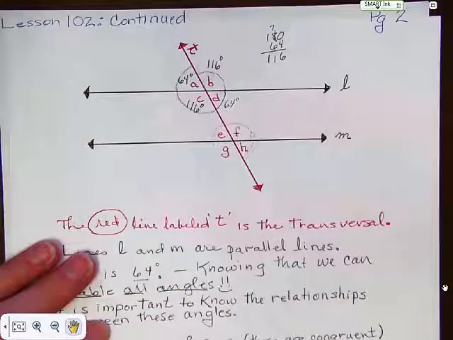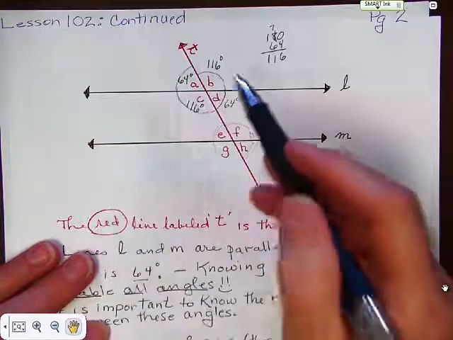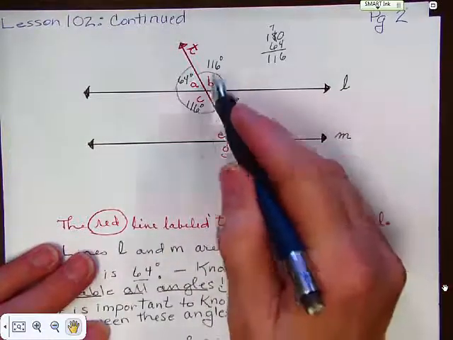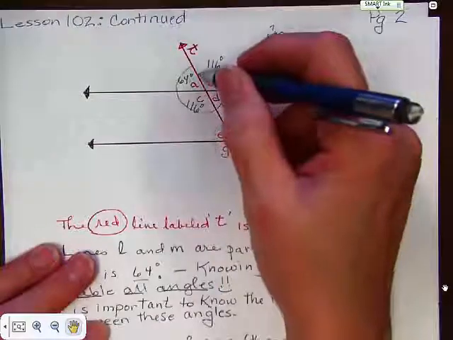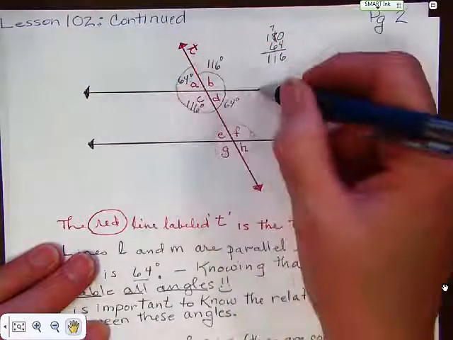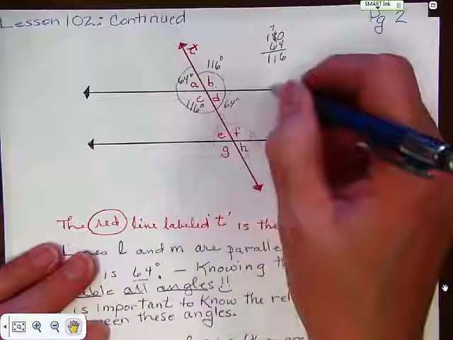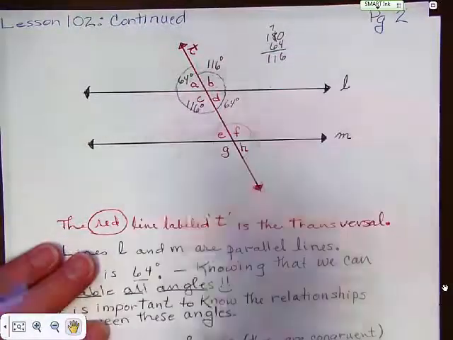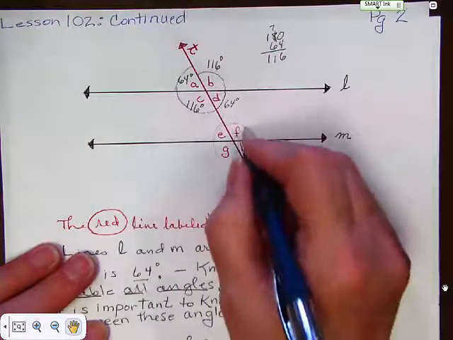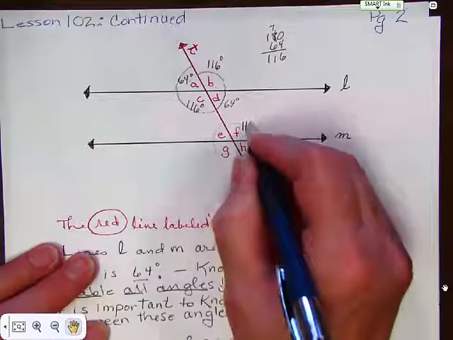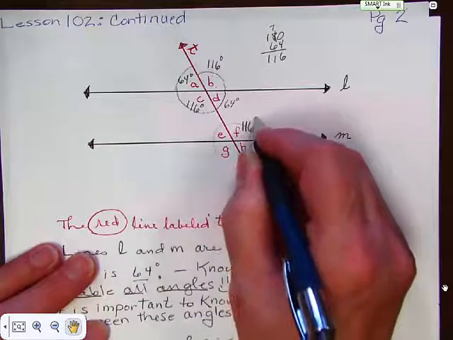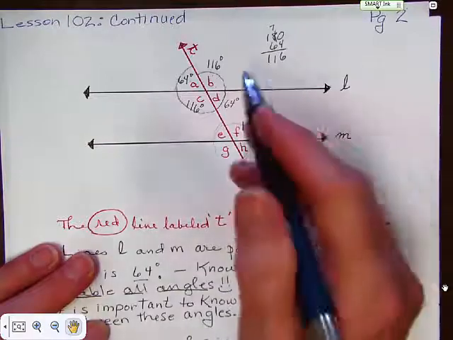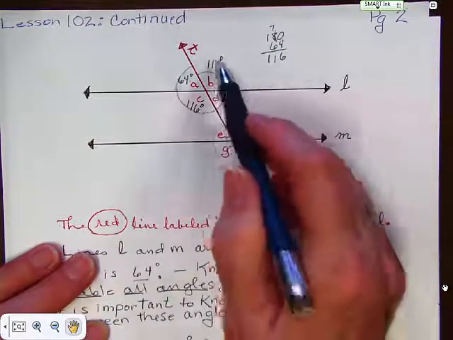I see kind of a pattern here. Notice that you have this angle right here that's above this transversal line, above this parallel line. It's 116 and is an obtuse angle. Now, my guesstimate would be that this one will also be 116 because they are corresponding.